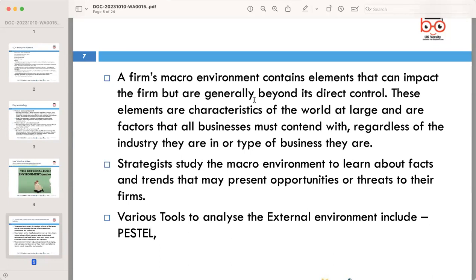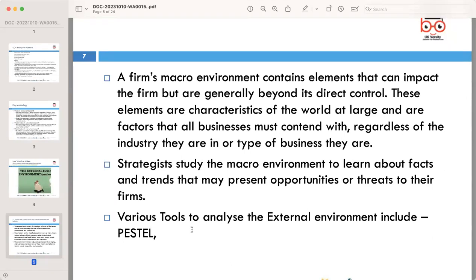So these elements are characteristics of the world at large and are factors that all businesses must contend with, regardless of the industry they are in or the type of business they are. Strategists study the macro environment to learn about facts and trends that may present opportunities or threats to their firms.